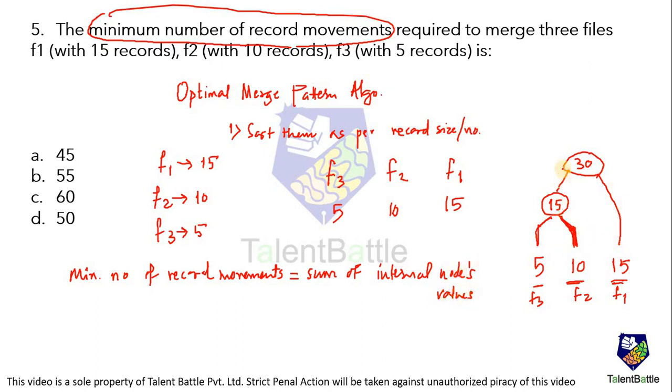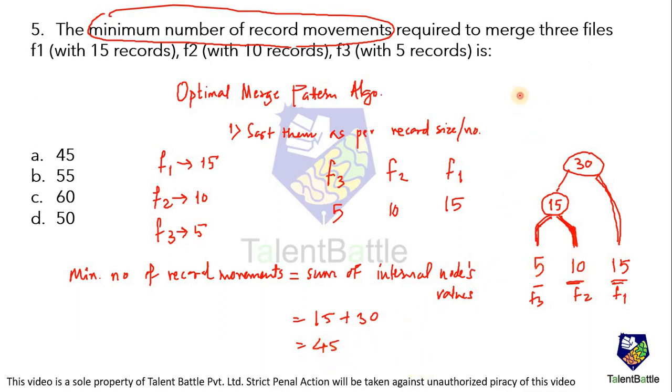We can figure it out on this tree-like structure: 5, 10, 15 are my leaf nodes, and 15 and 30 are my internal nodes. So 15 plus 30 will give me 45, right?